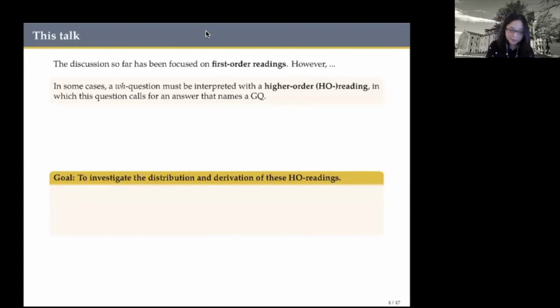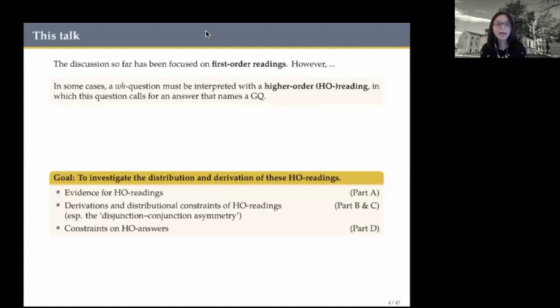As a roadmap, I'm going to start by presenting evidence for high-order readings, and then talk about derivations and distribution constraints of these readings, and especially an asymmetry between disjunctions and conjunctions in those readings. And finally, I'll talk about semantic constraints on higher order answers. So that is the map.